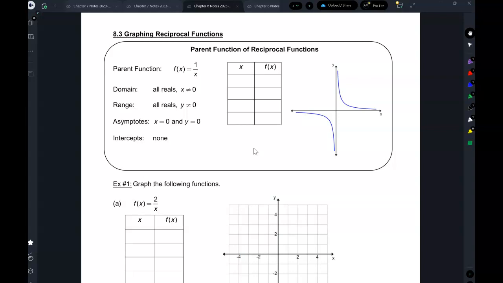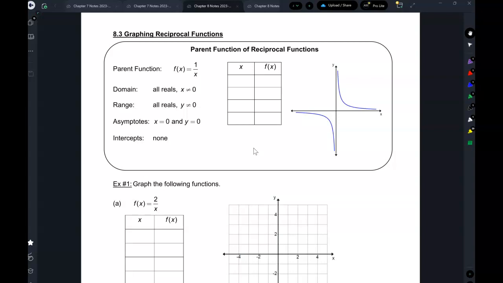Now, let's talk about range for a minute. Range is all of the y values that a function can have, correct? So, if x were positive, what would y be? 1 over that, positive. So all of the positive numbers will work. If x was negative, what would y be?